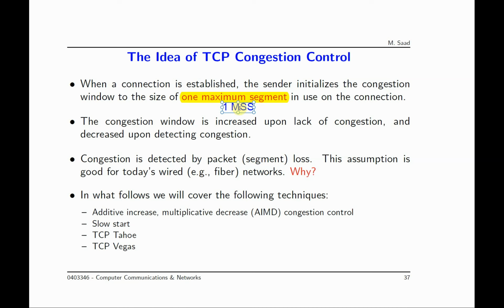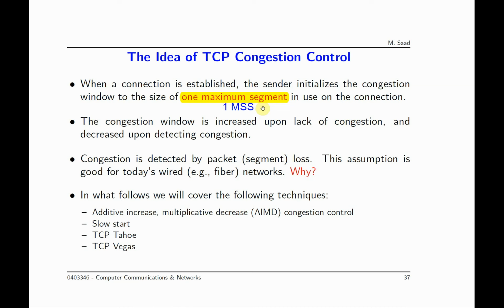It specifies in bytes the maximum amount of data that the sender can send in form of one segment. Not in total, because in total it would be the window size. No, the one maximum segment size is just a fixed parameter for a TCP connection which specifies how much data in bytes the sender is allowed to send as one segment.